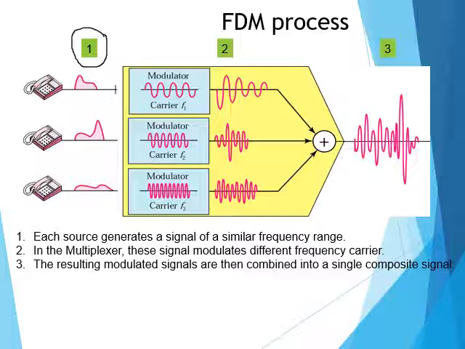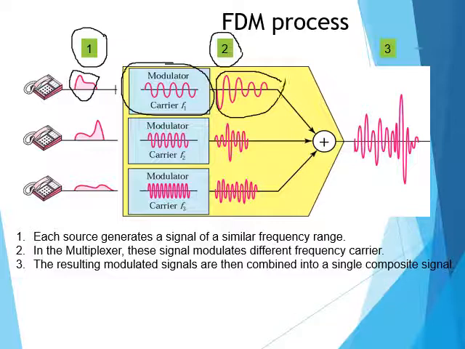At the second process, in the multiplexer, in the yellow box, these signals modulate different frequency carriers. It means that the original signal will be combined with the carrier signal to produce a modulated signal.